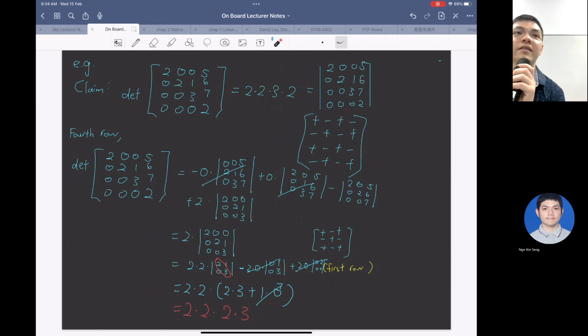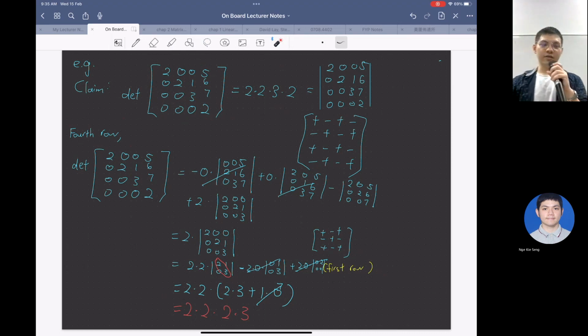So far okay? So far so good? Okay, so this one is very useful. Whenever you get a lower triangular matrix or upper triangular matrix, meaning 0 below the diagonal or 0 above the diagonal, then you can straight away take the product of the diagonal to get the determinant.